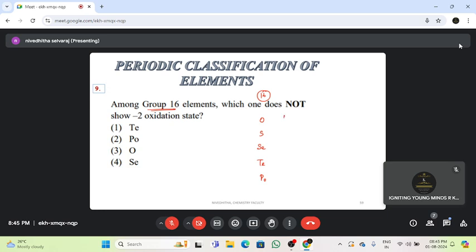As we move down the group, effective nuclear charge decreases. So the element with the lowest effective nuclear charge cannot gain electrons, so that element cannot show minus 2 oxidation state. Then which will be the answer? Option 2, ma'am. That's it. Polonium is present at the lowest. Polonium is the lowest element, right? It will have the lowest effective nuclear charge, so it cannot gain 2 electrons.